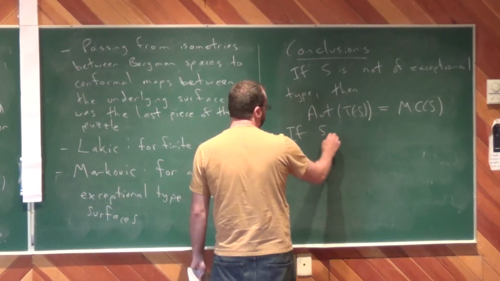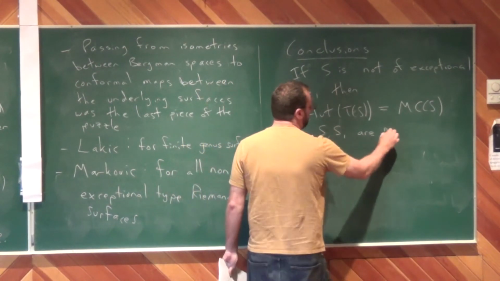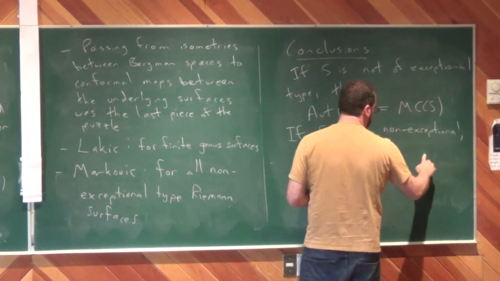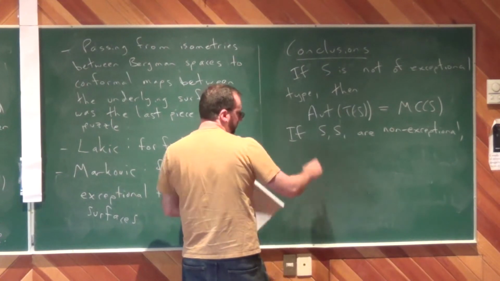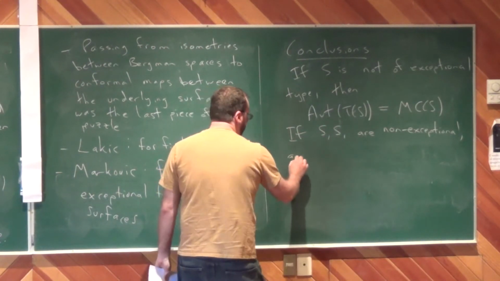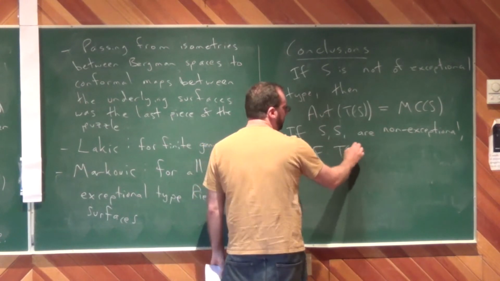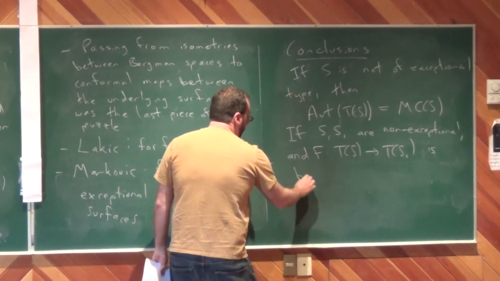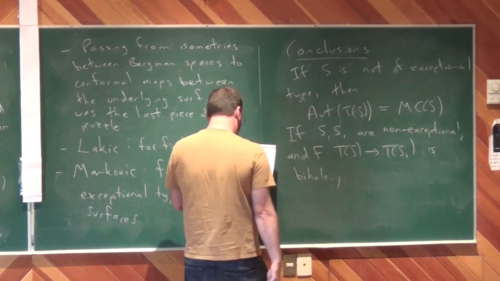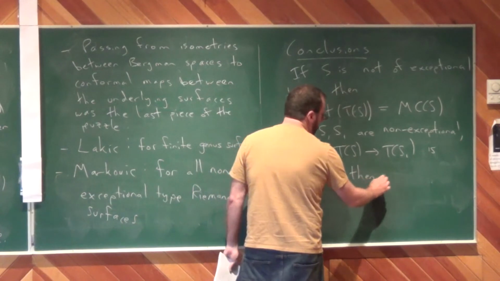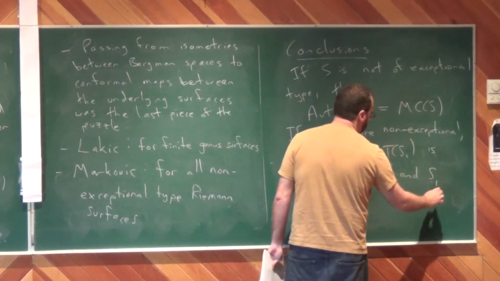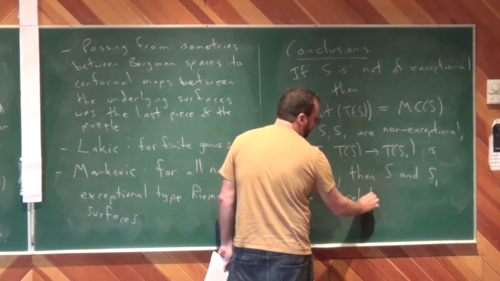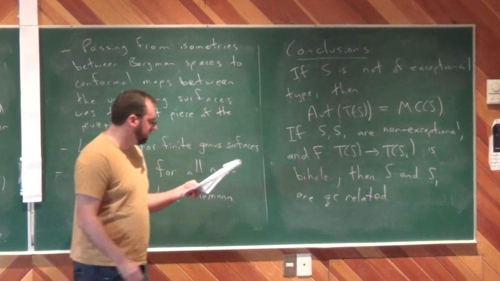And if S and S1 are non-exceptional, and F from the Teichmüller space of S to the Teichmüller space of S1 is biholomorphic, then S and S1 are quasi-conformally related. So there's a quasi-conformal map between S and S1.